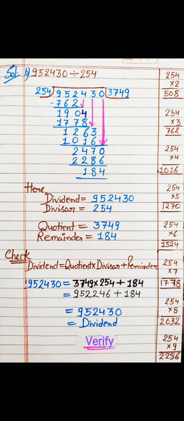After multiplying 3,749 and 254, we get 9,52,246, and after adding the remainder 184, we get the same value, 9,52,430, which is our dividend. That means our answer is correct. In this way we can solve the question and check the answer.